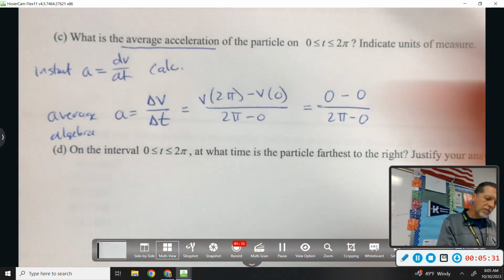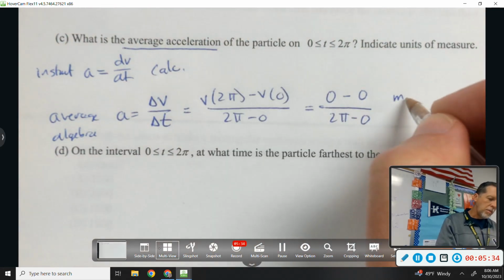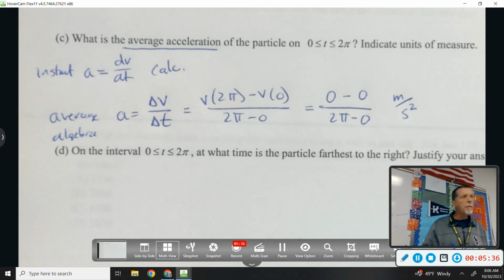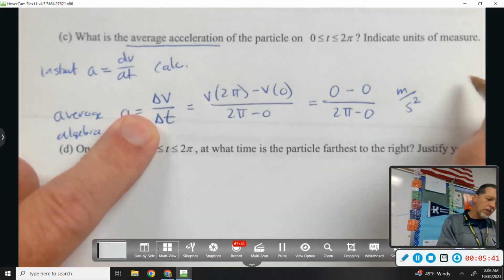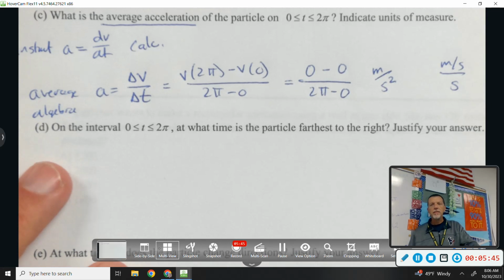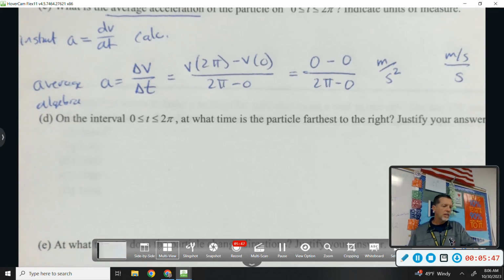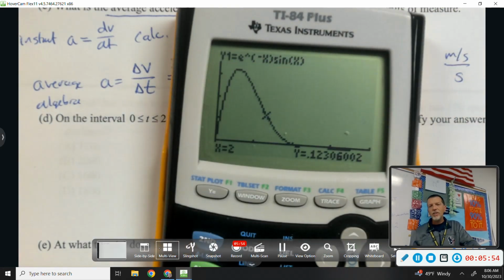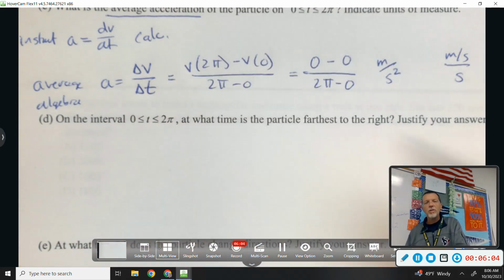Well, we've already done acceleration units, so meters per second squared. Again, if you get stuck on units, you can still use meters per second, and that would be fine, because that is accurate. So the average acceleration is 0. That's because your starting and final velocities are the same. So your average overall acceleration was 0. You didn't change, even though individually there's some changes going on in there.